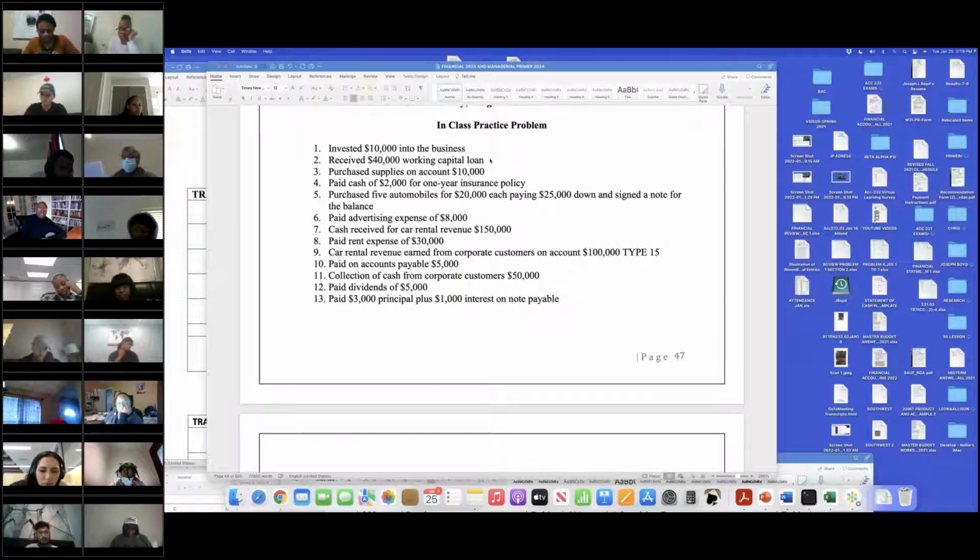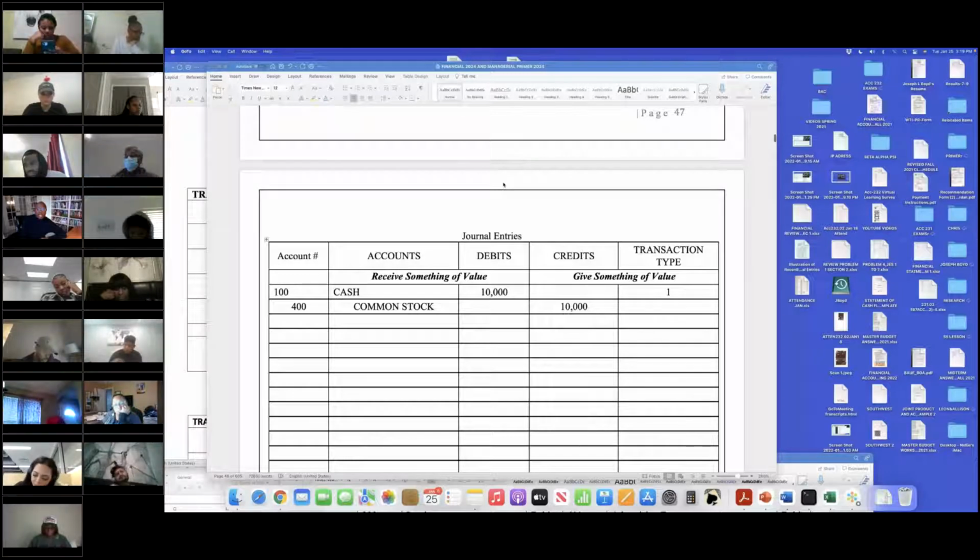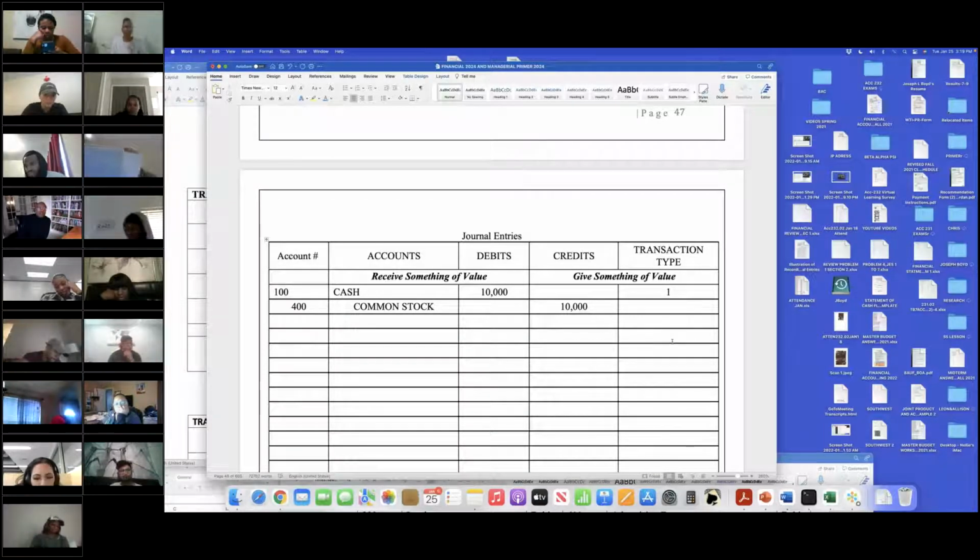What type is receiving a $40,000 working capital loan? What is our type? 5. Everybody says that's a 5. What do you debit in a 5? Cash. Debit cash. Type two.